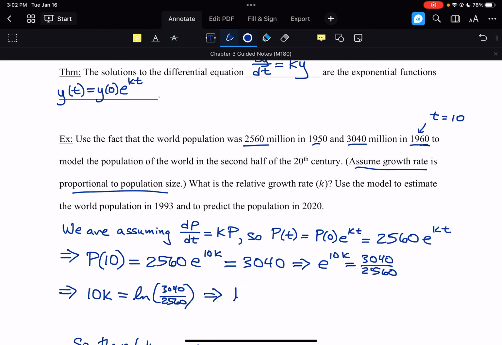And divide by 10. So we get k is ln of 3040 over 2560, all over 10. And this is great work for a calculator. We get approximately 0.017185 for k.